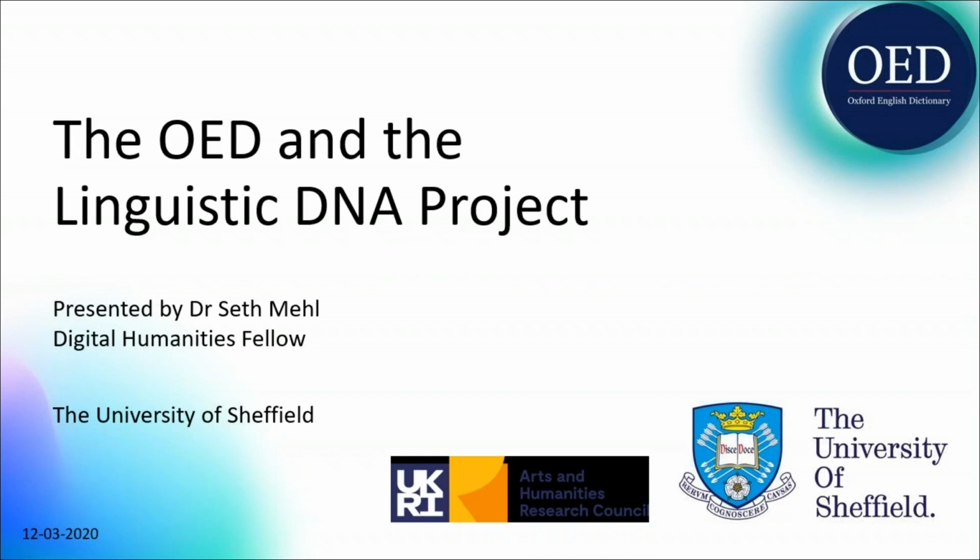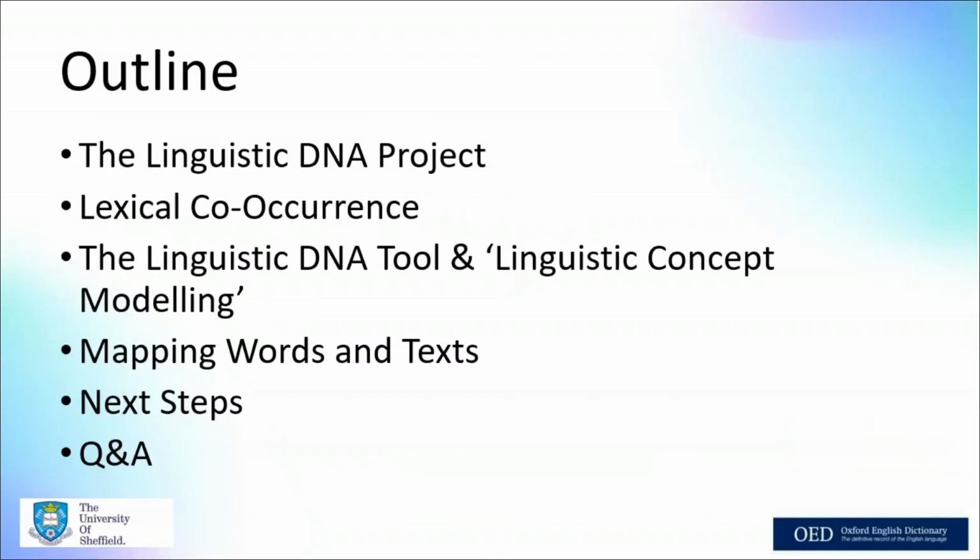And I'm going to talk today about the Linguistic DNA Project, which is a project that I've been working on since 2015. And the work that we've been doing with the Oxford English Dictionary over the past year or so. So I'll start by outlining the Linguistic DNA Project and its aims, and then I'm going to talk a little bit about lexical co-occurrence, what exactly it means and how we use it.